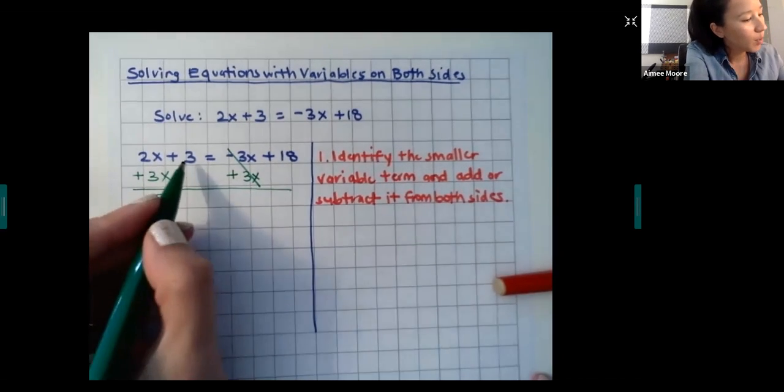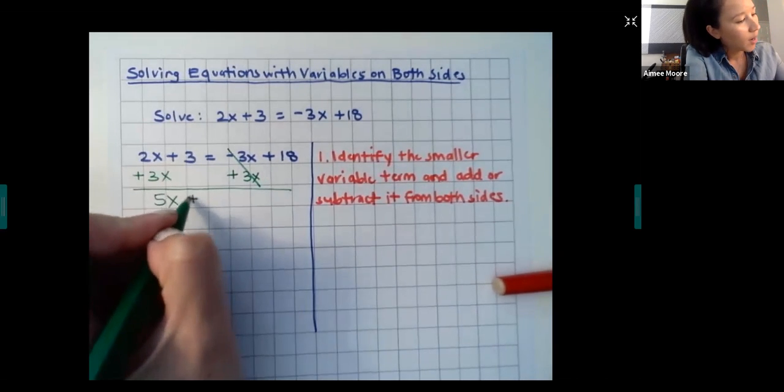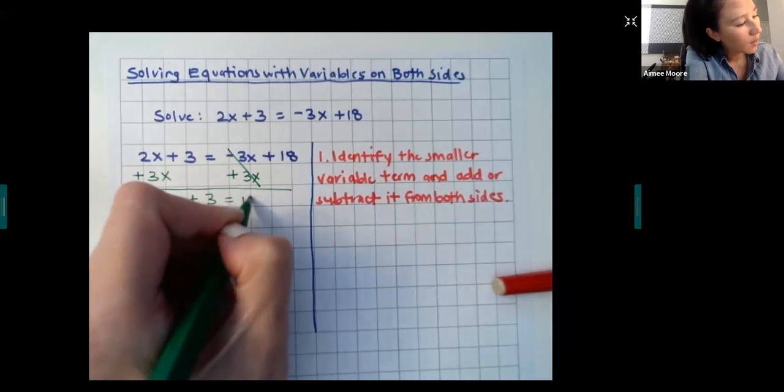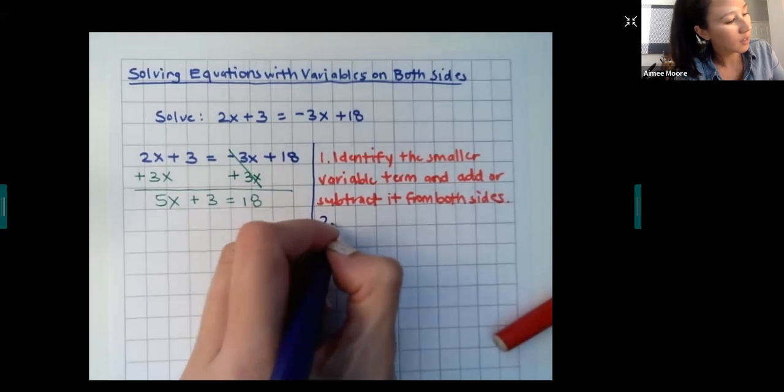And then we just bring everything else down. So our positive 3 equals 18. And once we do that, it's just solving a two-step equation.